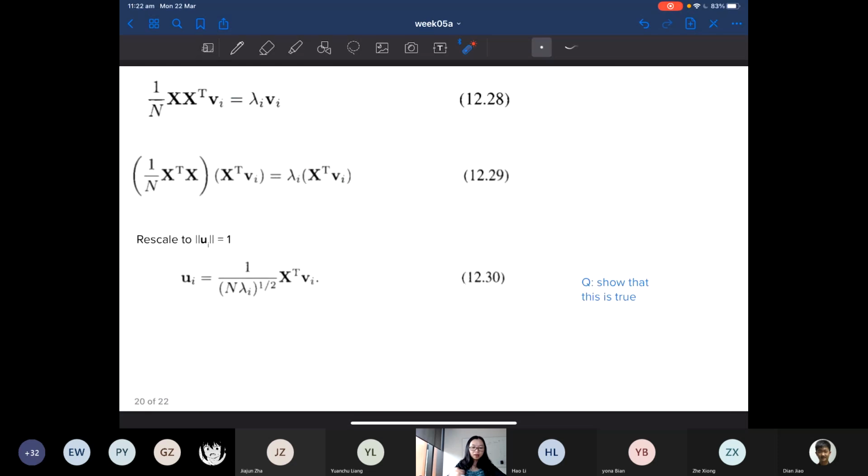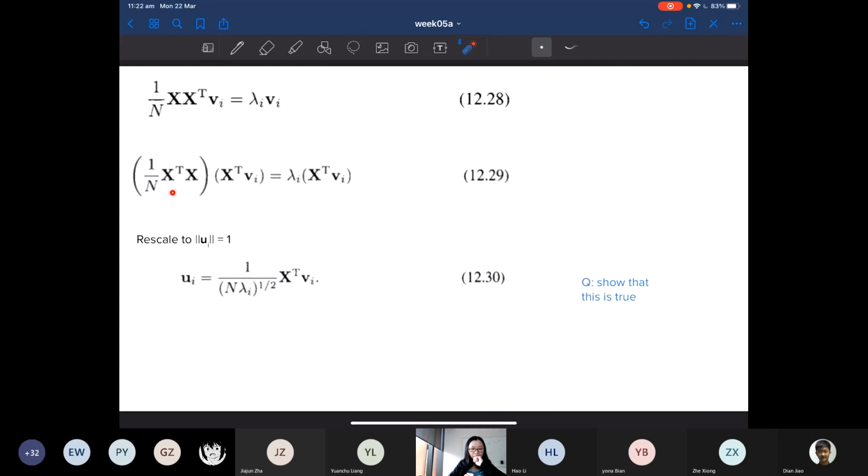So here is the same equation that we're working on. Since we've multiplied X on both sides, now let's just do it again. Now let's multiply X transpose to both sides. We stare at this expression and do the same.